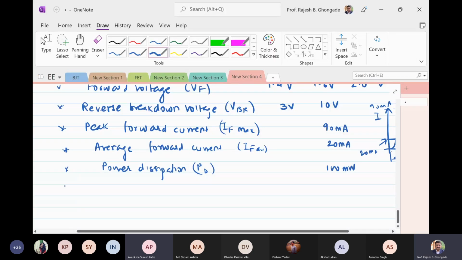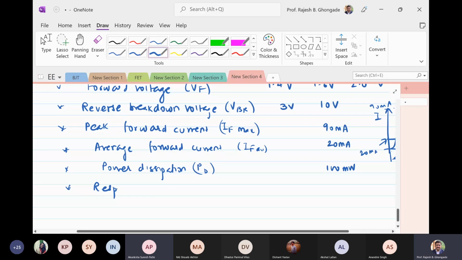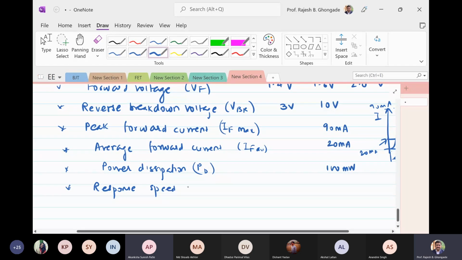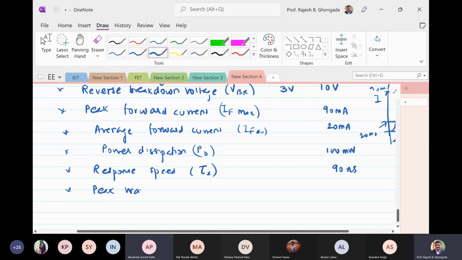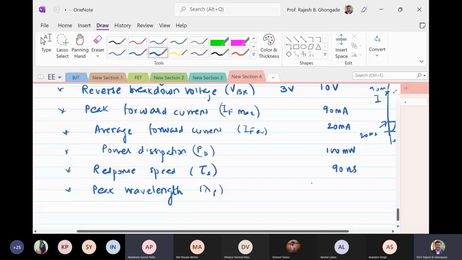Then you have something called the response speed, tau s, which is 90 nanoseconds. And the peak wavelength, lambda p, in some case it can be like 660 nanometers.